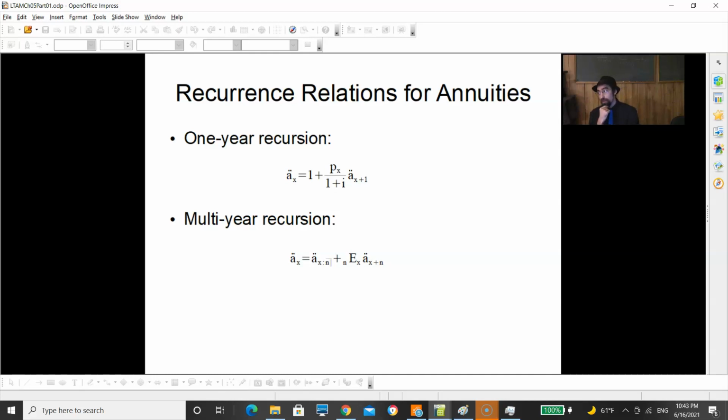So, for example, if you had constant force of mortality, so that the survival probability is exponential, or geometric if you think about it in a discrete case, and level payments, so that the present value of payments is also geometric, then the present expected value, once you account for mortality, would also be geometric.